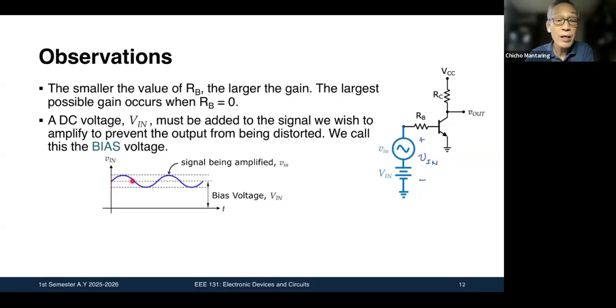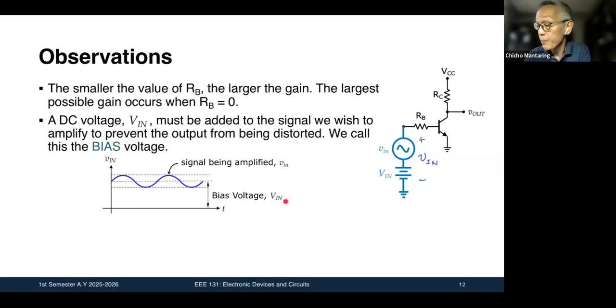You have your time varying component, small v, small i, small n, and then you have your, we call this your bias voltage, which is V in. So this is what shifts your signal upward. It has to shift upward so that even in the absence of an input signal, even in the absence of v in, your transistor is still operating in active mode.